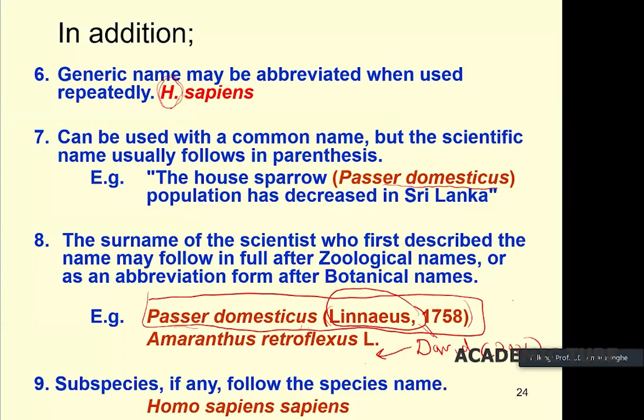For example, Passer domesticus identified in 2021 by David as Amaranthus, something like that. In that case, we can refer to this as a synonym of the previous one. But Amaranthus is not a similar name for Passer, it is a different plant. I am just giving you an explanation.